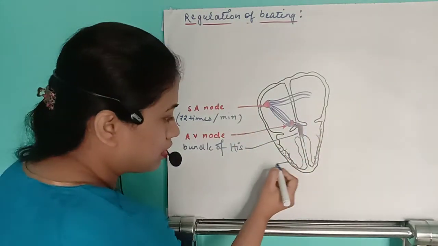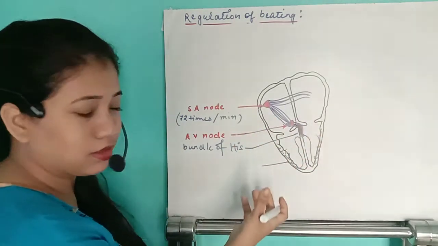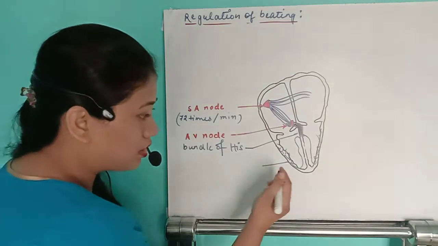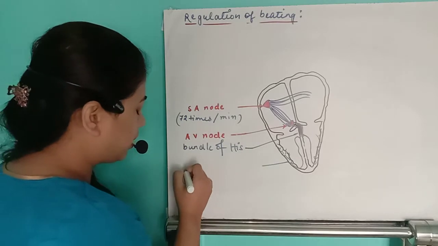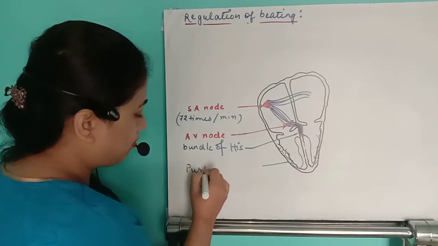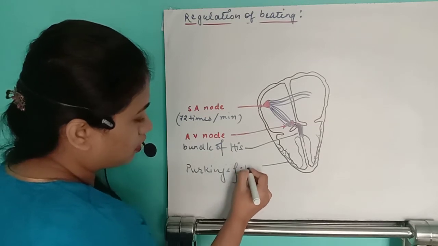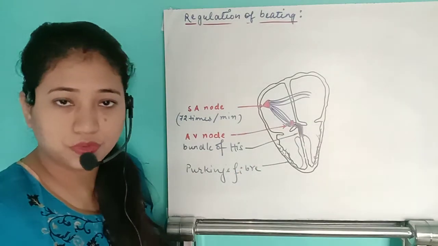This bundle of His bifurcates and goes to the wall of the ventricles. This branch structure is known as the Purkinje fiber. This is called the Purkinje fiber, right?